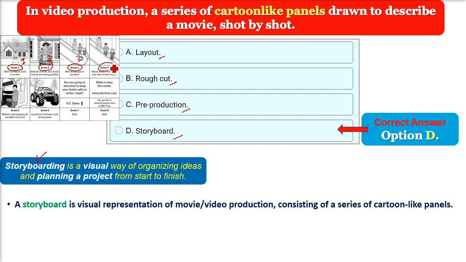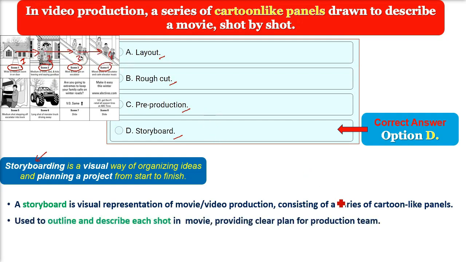So storyboard is a visual representation of a movie or video production consisting of a series of cartoon-like panels. It is used to outline and describe each shot in the movie, providing a clear plan for the production team.